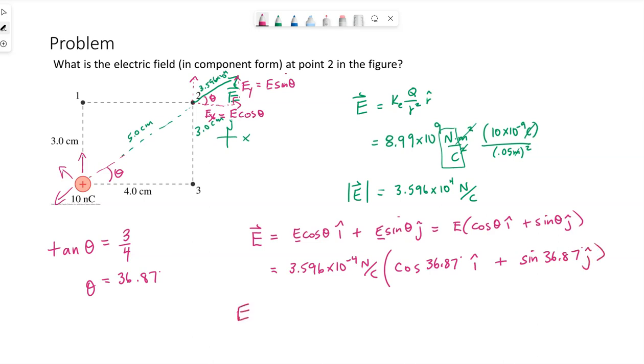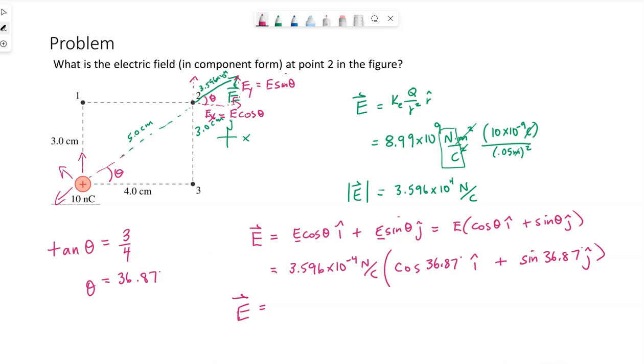Okay. So calculating this through, I will write out my electric field. It looks like we have 2 sig figs, so I will also round it as I go.